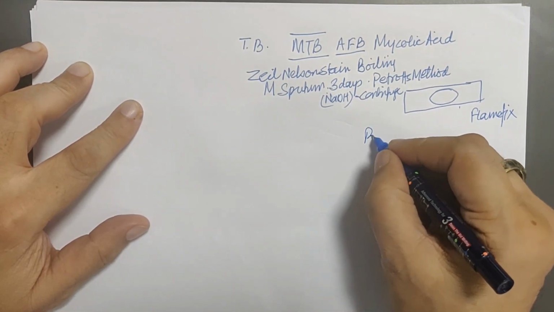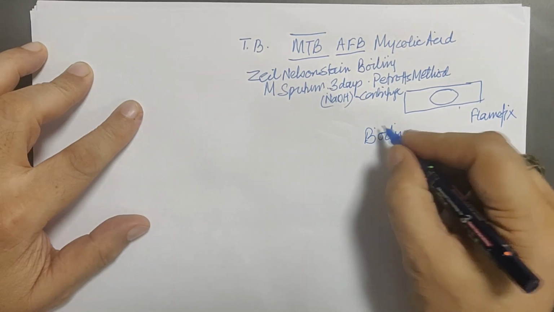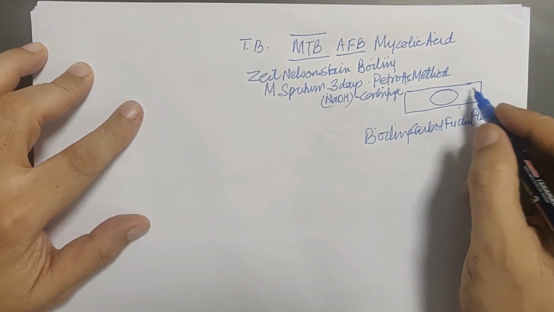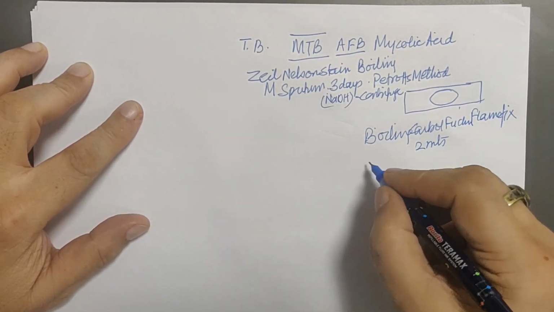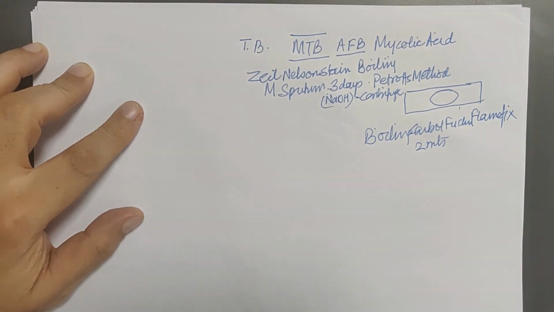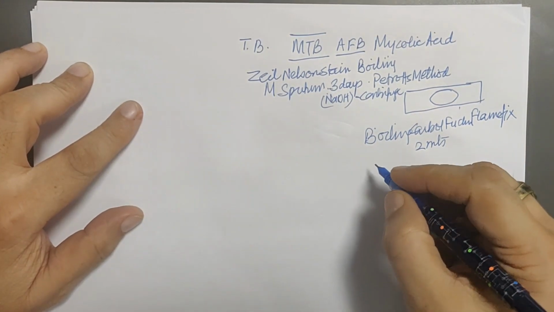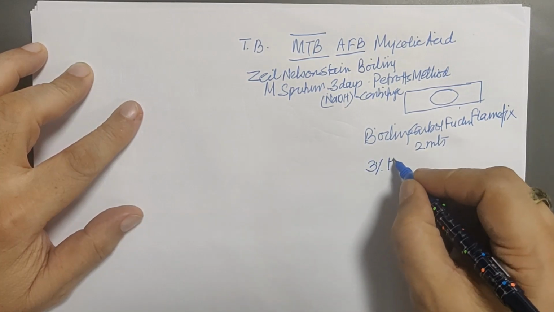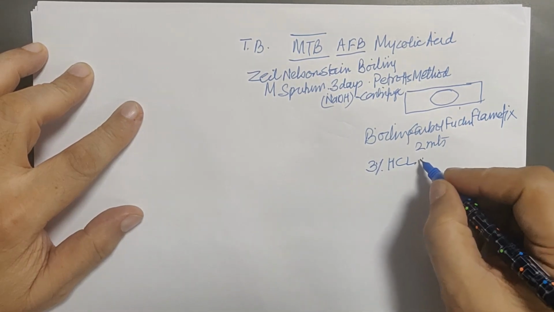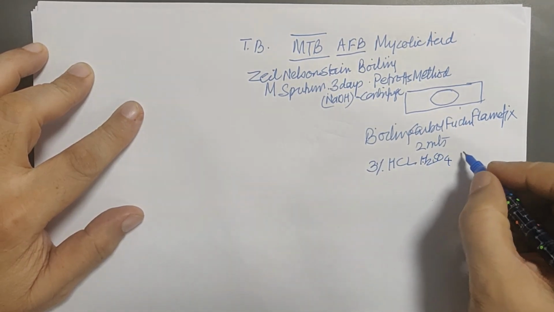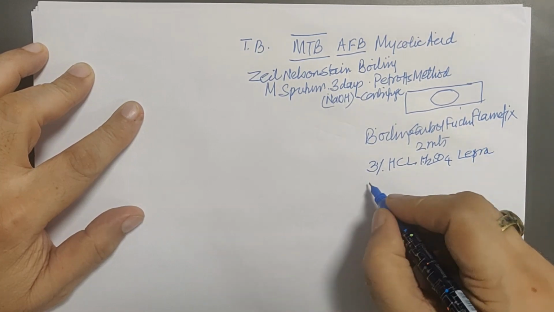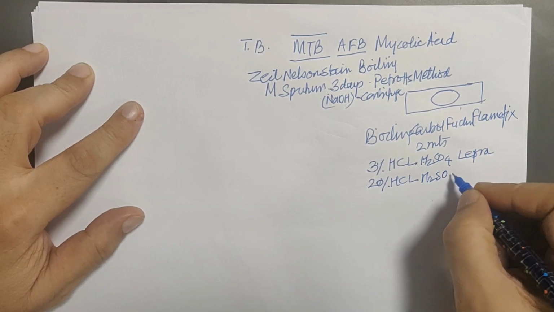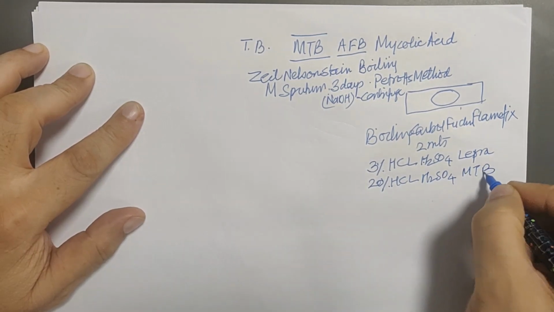Then you put boiling carbol fuchsin for 2 minutes. Remove the extra acid-fast stain by 3% HCl or H2SO4 in case of Leprabacillus, but 20% HCl or H2SO4 in case of Mycobacterium tuberculosis.